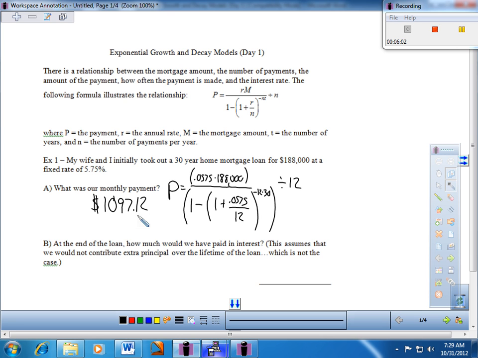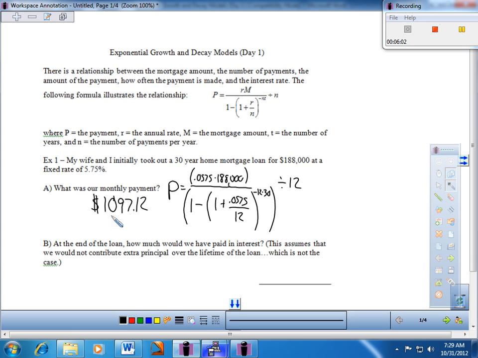But what would happen if we just paid this amount every single month for 30 years? How much would we have paid above the $188,000? So remember, we only took out $188,000 from the bank. But by paying this every single month for 30 years, how much more than $188,000 did we pay?